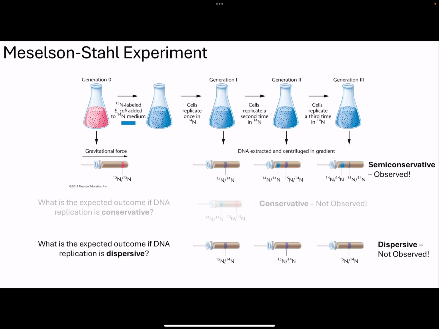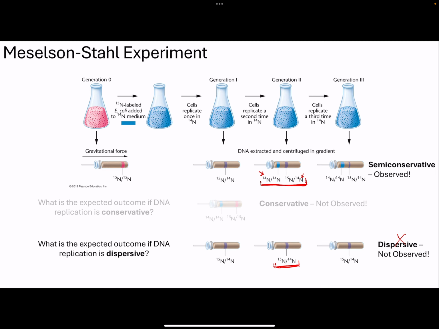But instead, we see that there's a separation of these bands in the actual results, different from what you might expect. Because these DNA molecules are starting to separate out, where one of these strands is used as a template and as a result produces DNA molecules that are entirely composed of N14, we can rule out dispersive DNA replication as a model for DNA replication.